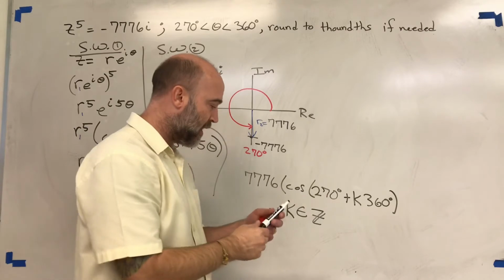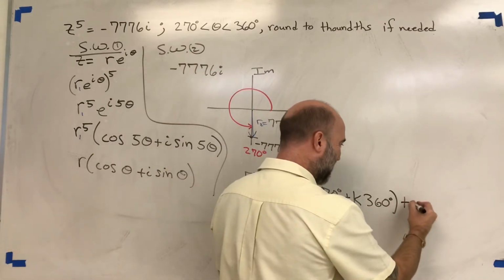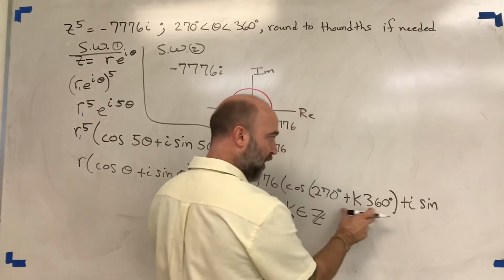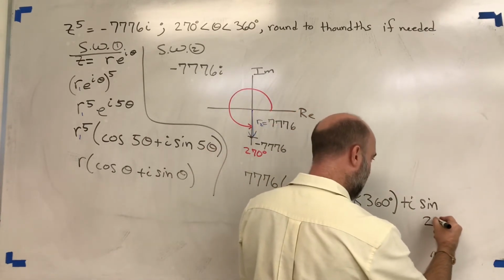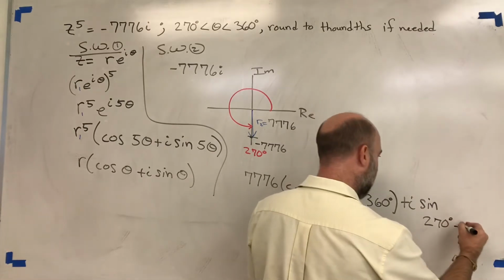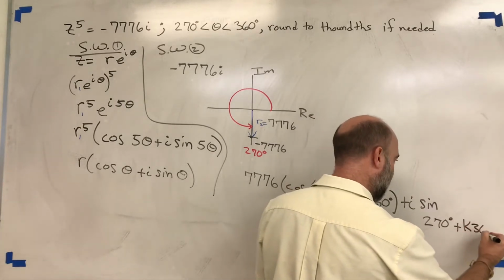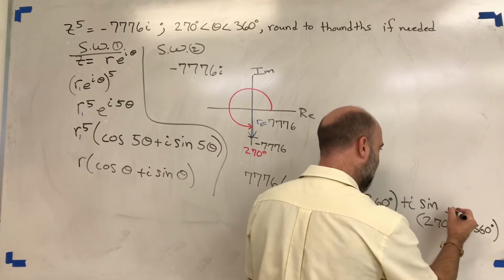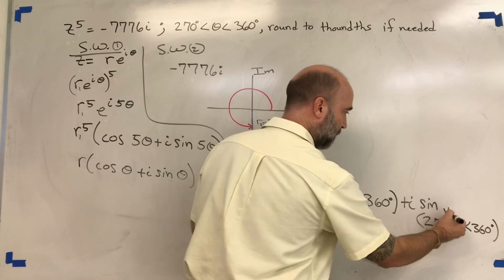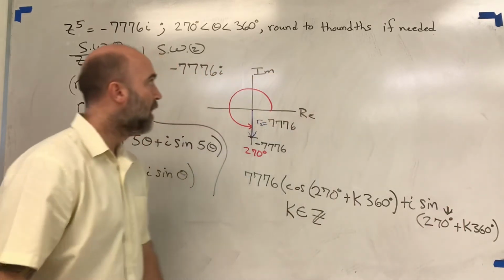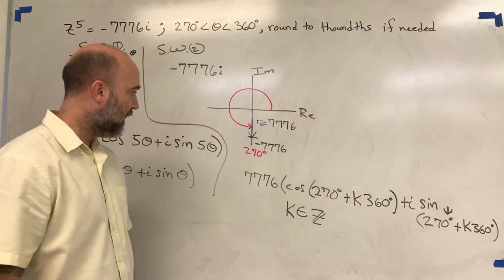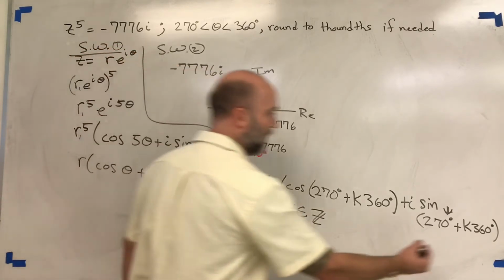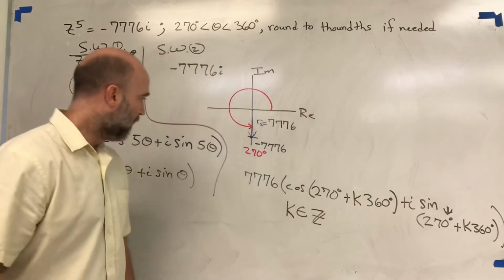So that's the cosine plus i sine of that same argument right here, which is 270 degrees plus k times 360. And remember, that's the sine part right there. Then I'll close the parenthesis. All right.